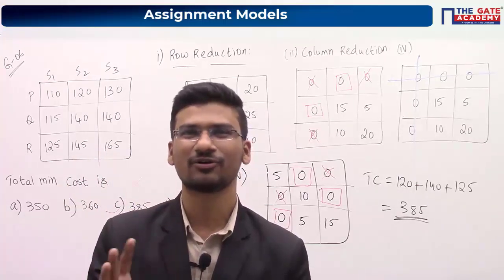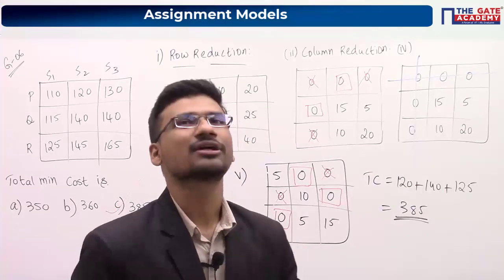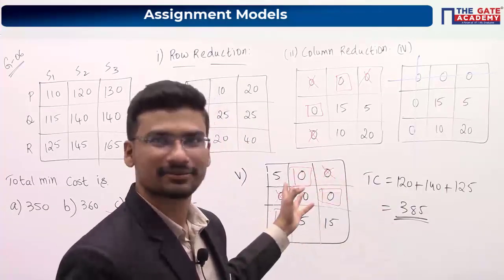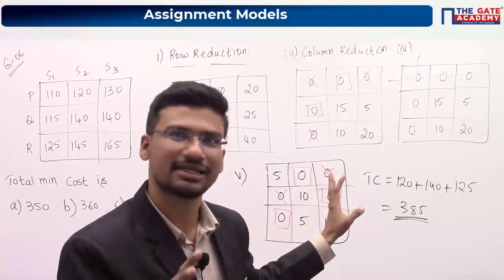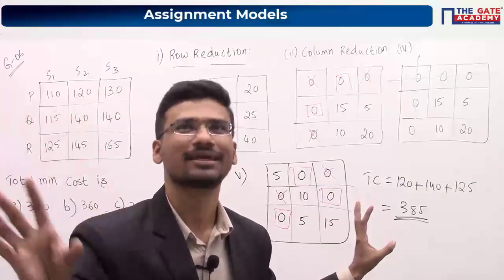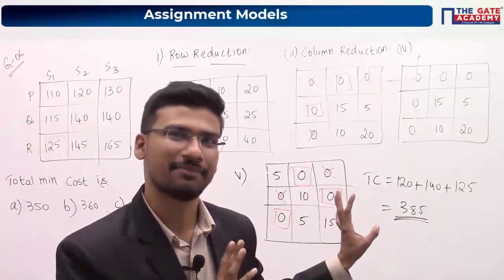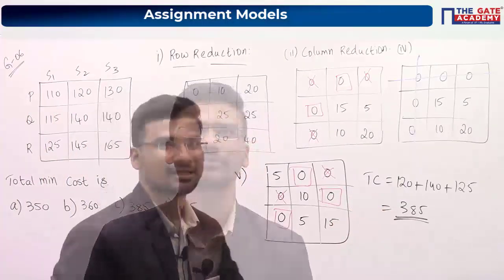So don't follow many methods, okay? Just follow row reduction, column reduction. So you are asking whether we can apply this method if we start with column reduction. Yes, we can apply. Okay, so I thought you were asking something else. Sorry. Saurav, you can apply the same straight line method if we are starting with column reduction also, right?